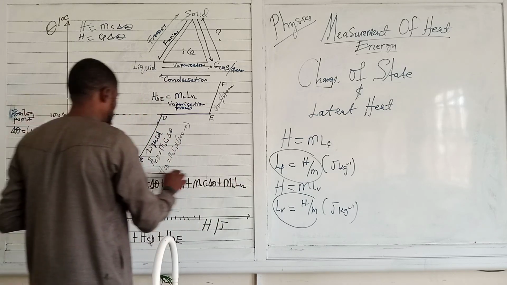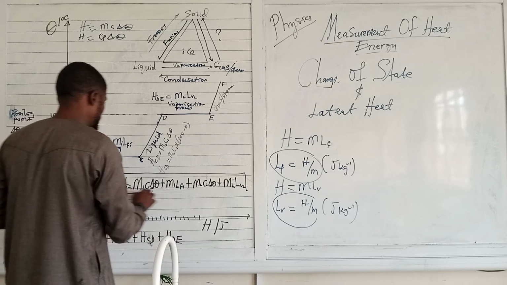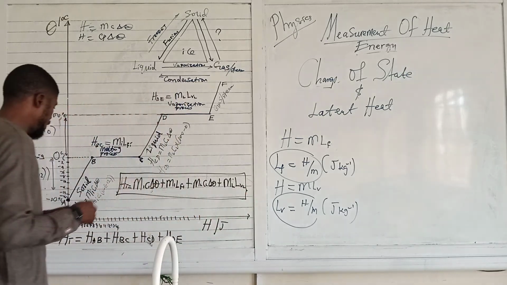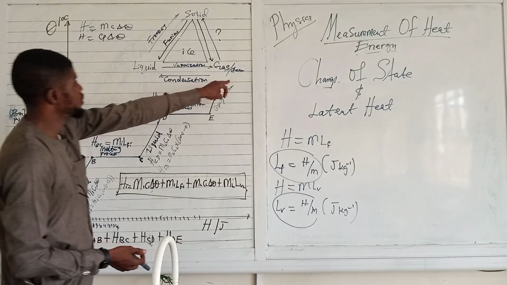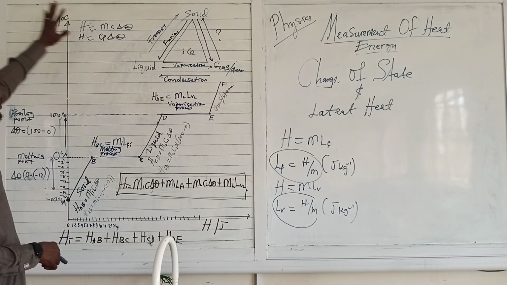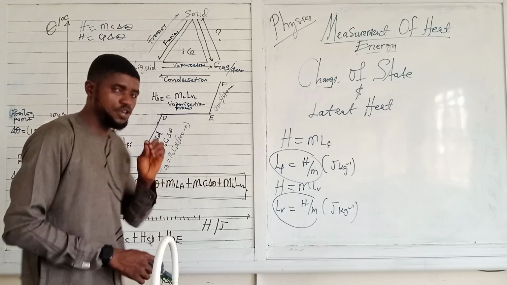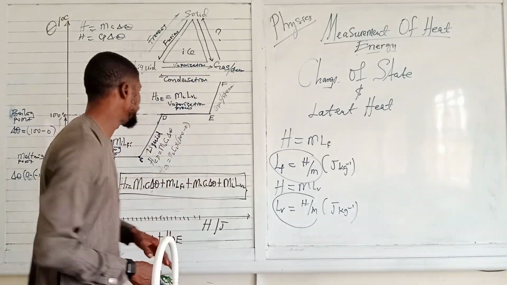So this is the total quantity of heat energy that will be required to change ice from A to steam. We call this diagram the heating curve for solid ice.